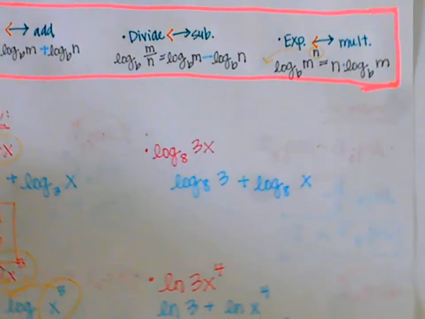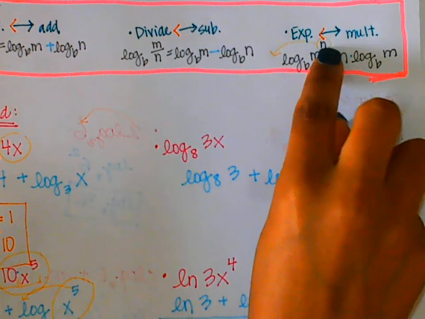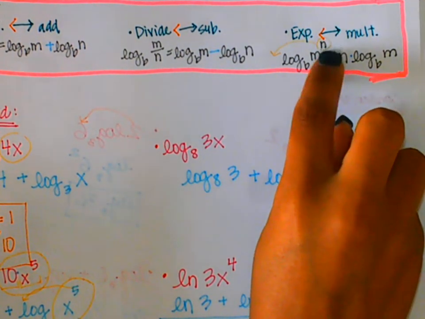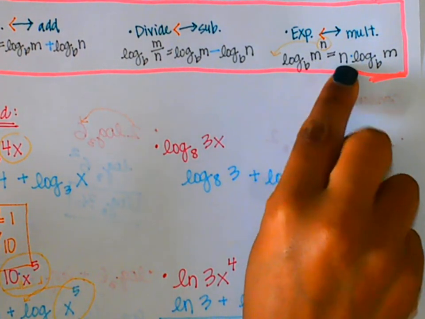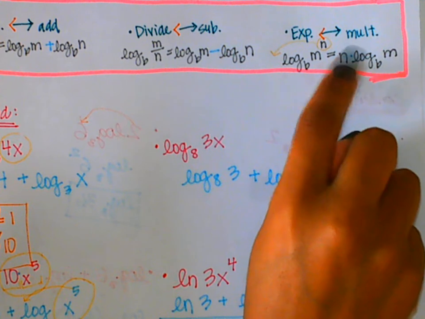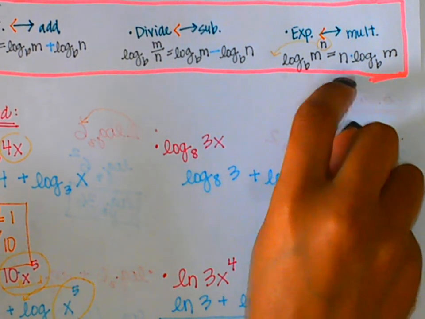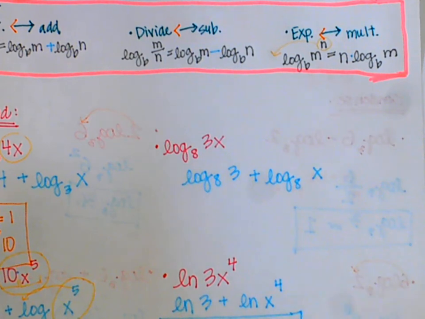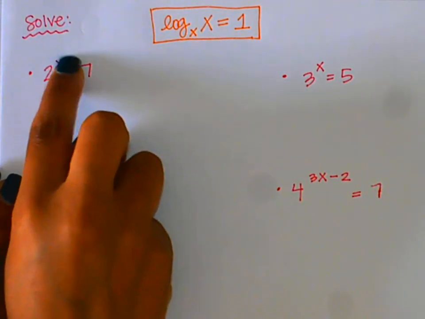These kind of expand it, but they don't get rid of the log itself. I want my exponent to be the thing that I'm solving for. So if I use this property, that'll bring it down so that eventually, if I know how to get rid of the log, I can get that x by itself. I want to detach it from the log. So I want this to come out in the front.